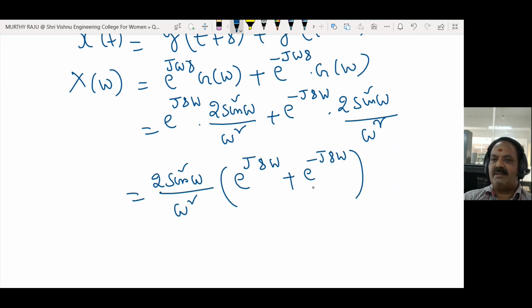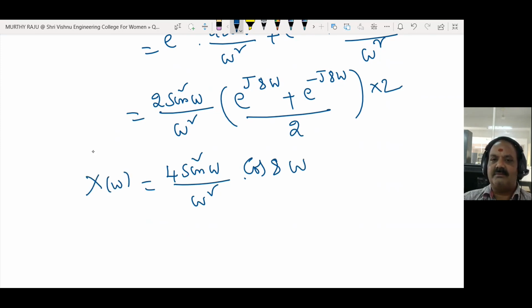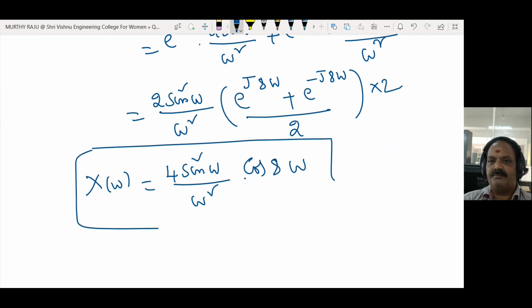E power jx plus e power minus jx: numerator and denominator multiplied with 2. That is equal to 4 sine square omega by omega square, into e power j omega plus e power minus j omega by 2, which is cos omega. This is the total function's Fourier transform.